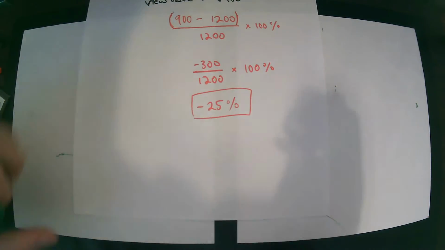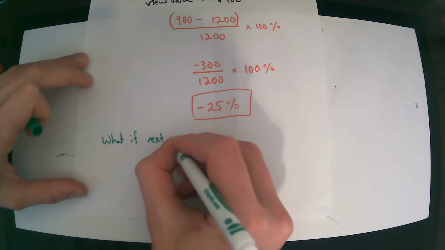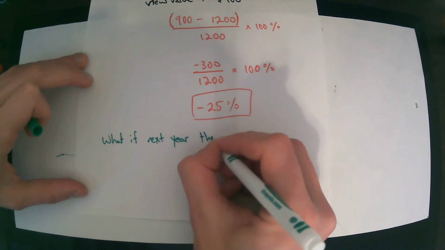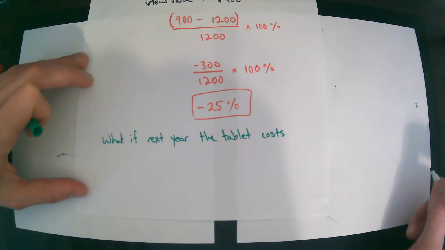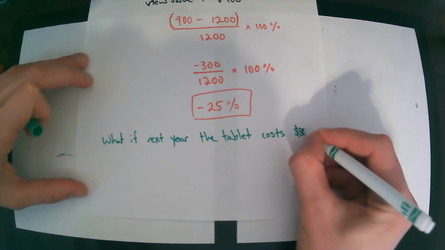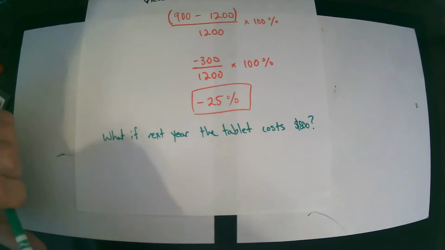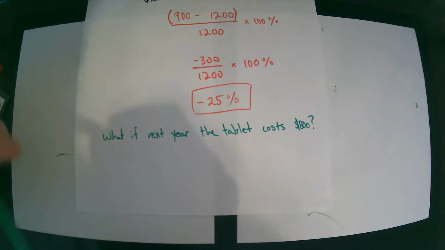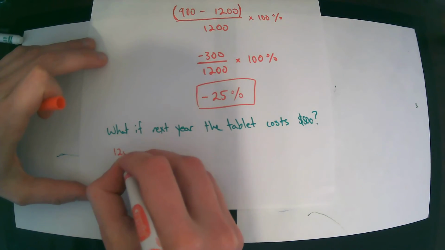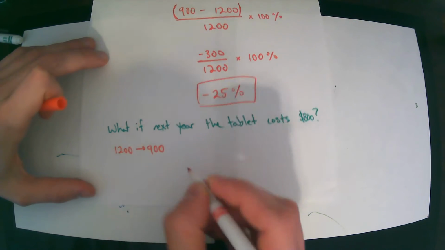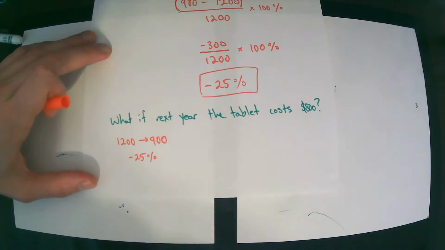So what if next year the tablet costs $800? Well, then we know from year 1 to year 2, from 1200 to 900 yields a negative 25%, or a 25% decrease.